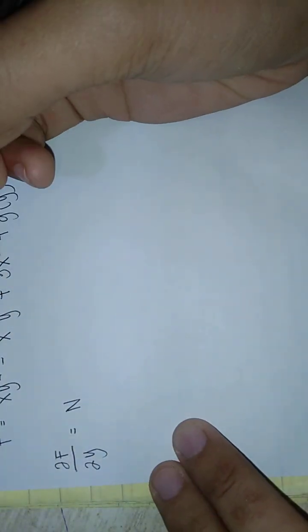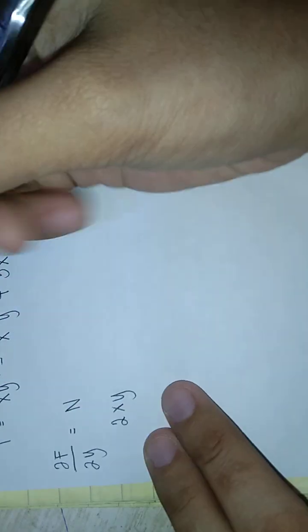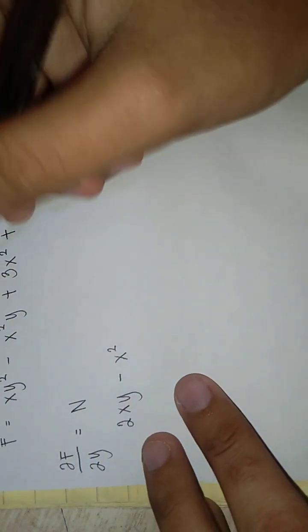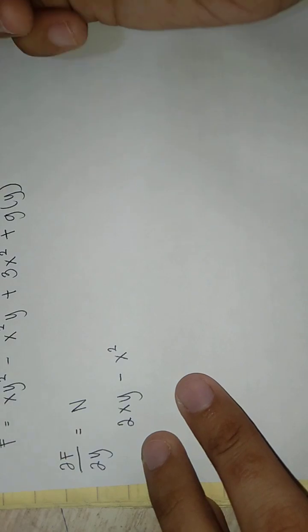So we'll have the derivative of our function in terms of y. The derivative of xy squared is simply 2xy. Derivative of x squared y is x squared only. The derivative of 3x squared is 0, so it's okay if we don't write it down.